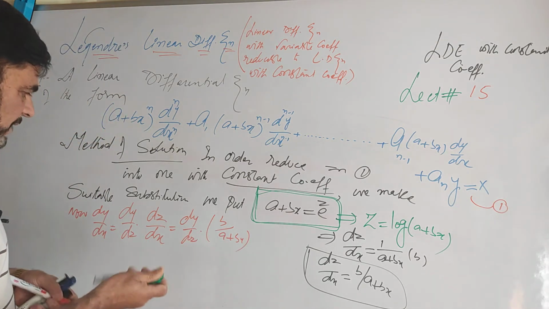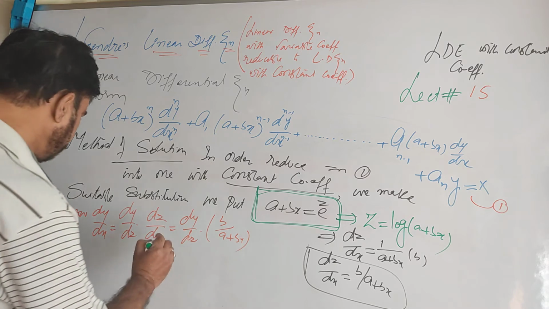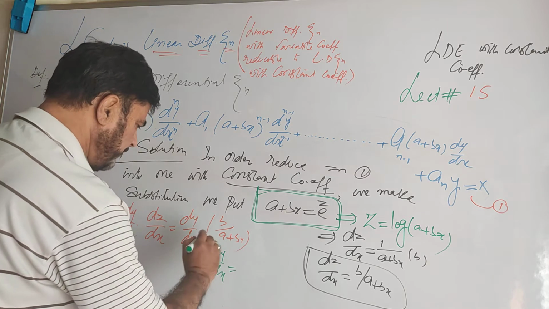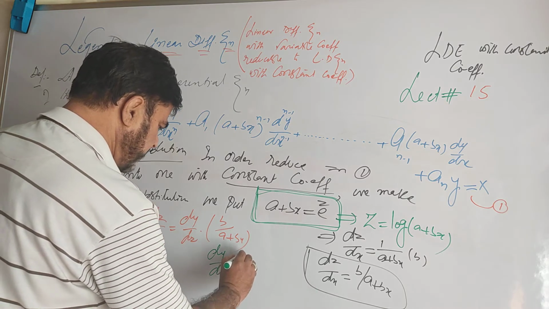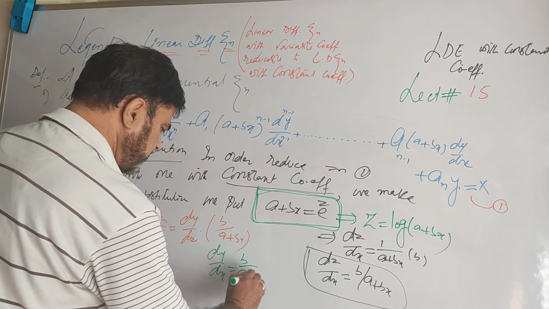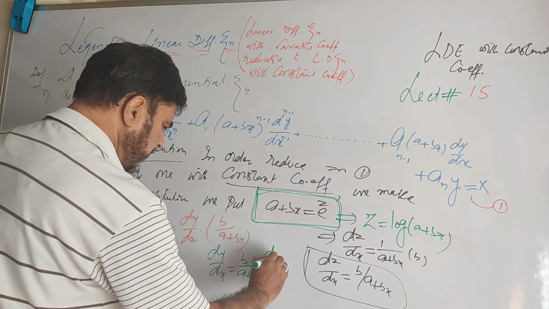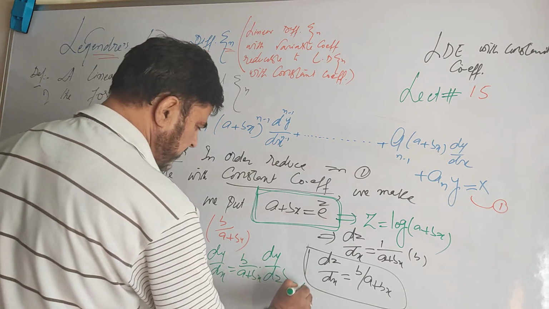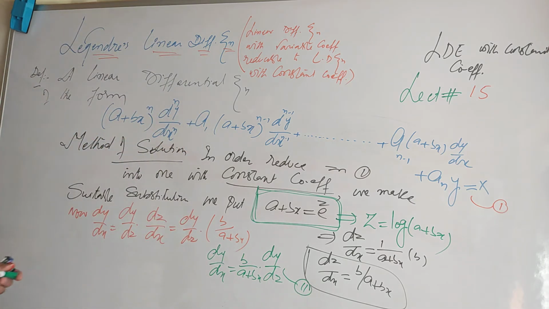Therefore I am getting dy by dx is equal to b by a plus bx into dy by dz. Let us name this equation second. Okay, so this second now gives, equation second implies what?